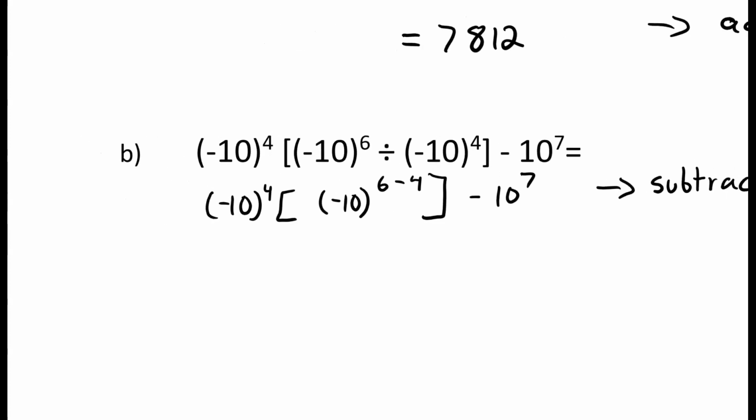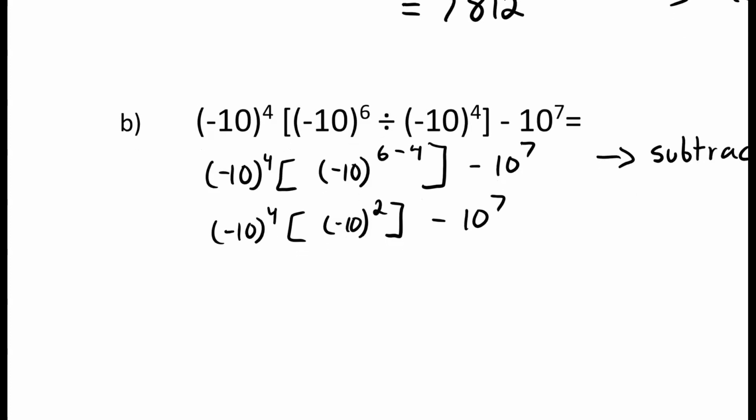So when we subtract the exponents, you're going to have still the negative 10 to the power of 4 in brackets, negative 10 to the power of 2 because we did our subtraction, subtract 10 to the power of 7.